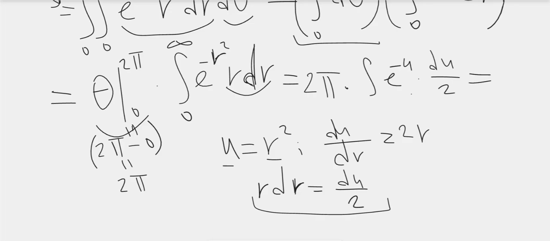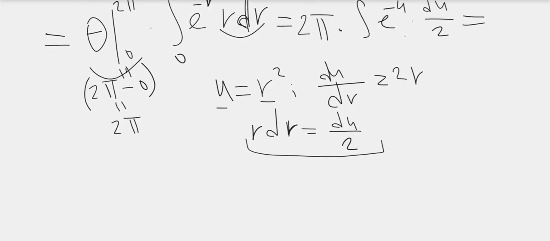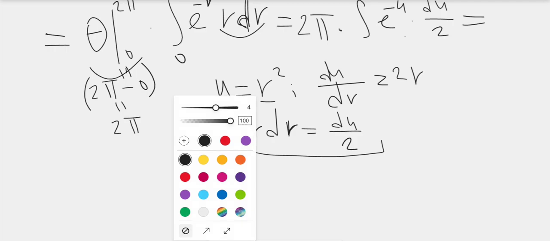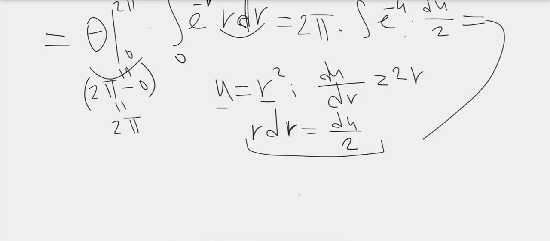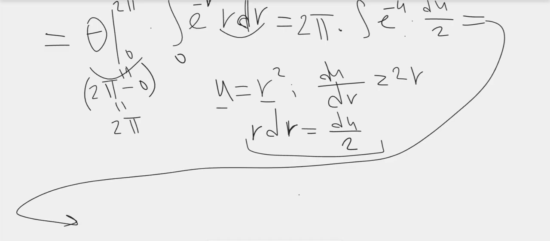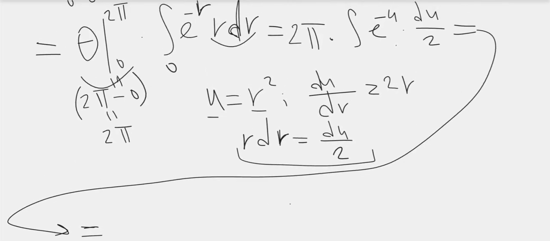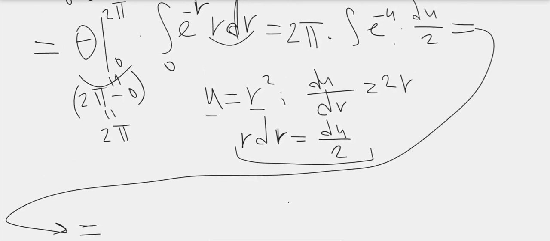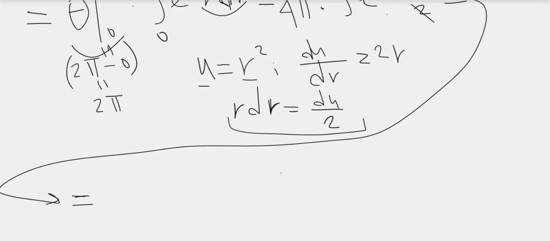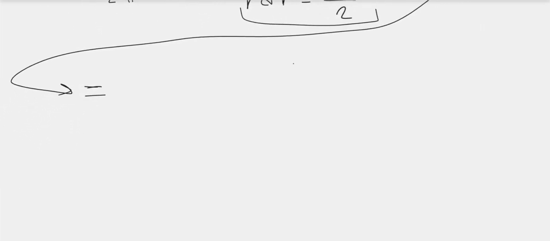So then we write here that this is equal to, okay, so 2 and 2 cancel each other, so it remains pi multiplied by the integral.